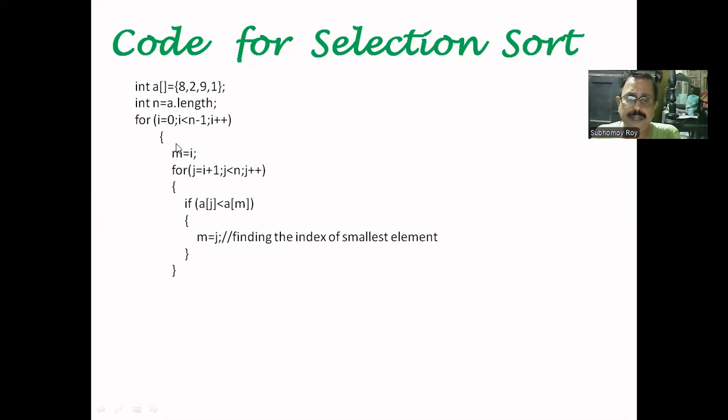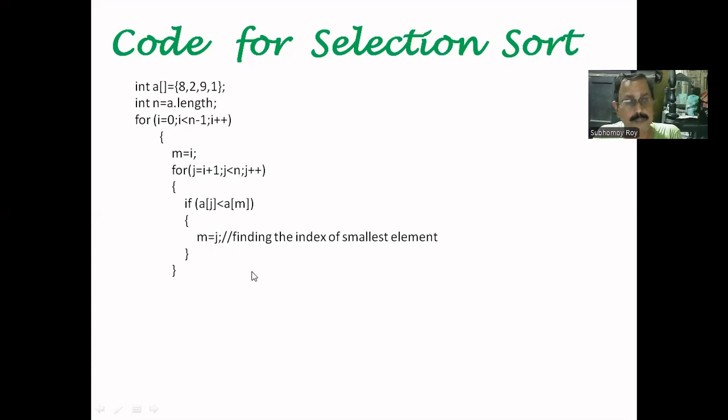So at the very beginning, in the first round of checking, element 2 is being compared with element 8. So obviously element 2 is less than element 8. So the index of element 2, that is 1, will be stored in m. So in this way, we will definitely find out the index of the smallest element.